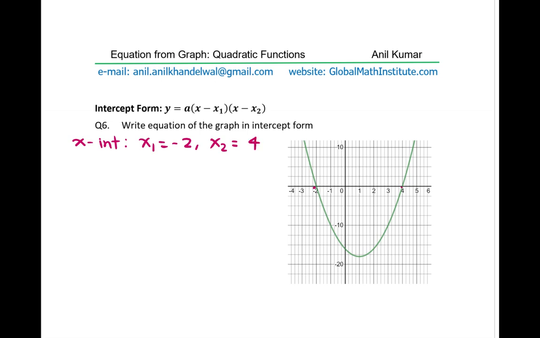We should identify another point on this graph also to get the final value. So this time the minimum is clearly at, well, the y value is not very clear, so we will not take that point, but we can take this point, which is minus 1, minus 10. So we'll take a point, which is at minus 1 and minus 10.